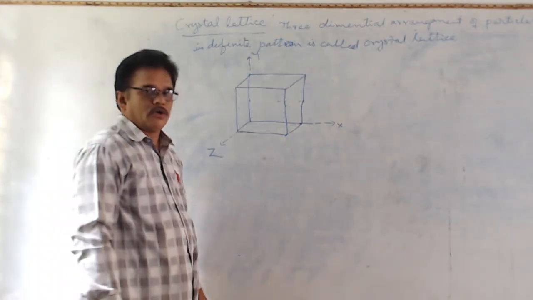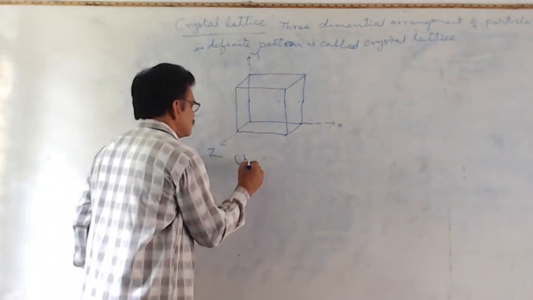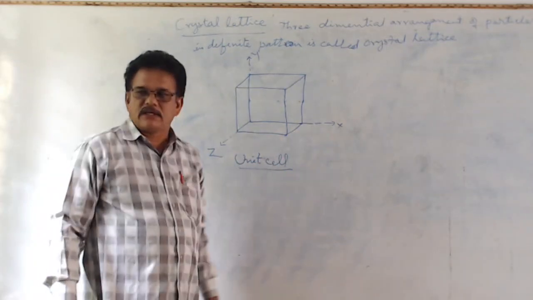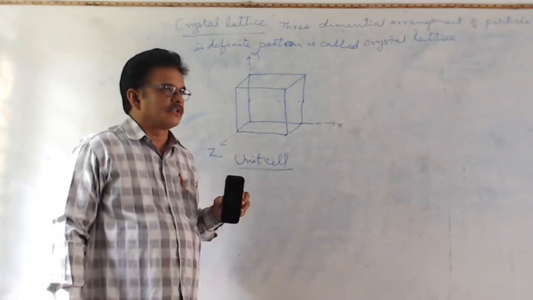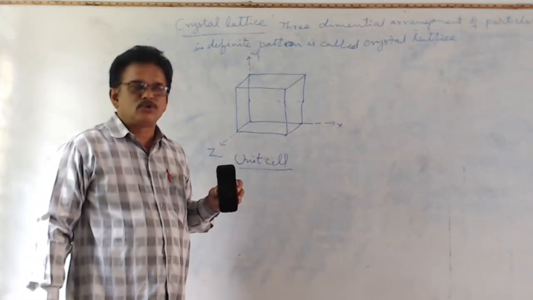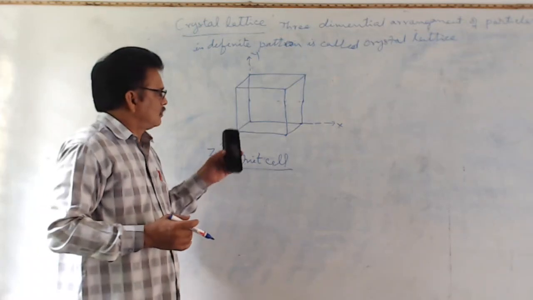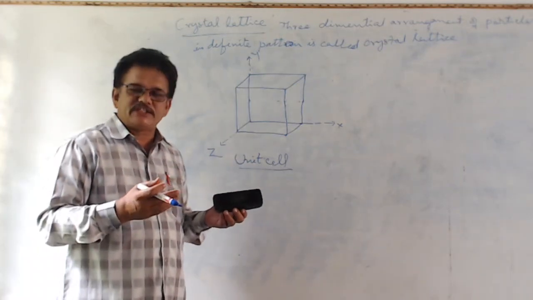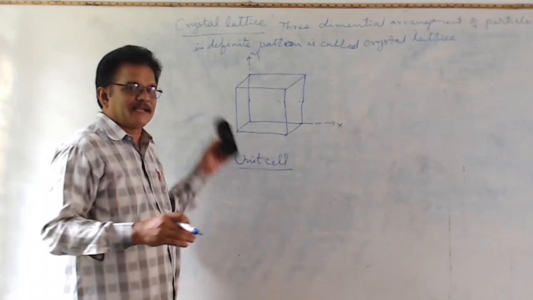Okay. Now we will come to the next part of our discussion, that is unit cell. What is a unit cell? A unit cell is the smallest portion of a crystal lattice which repeats in all the three directions to form the entire crystal lattice.